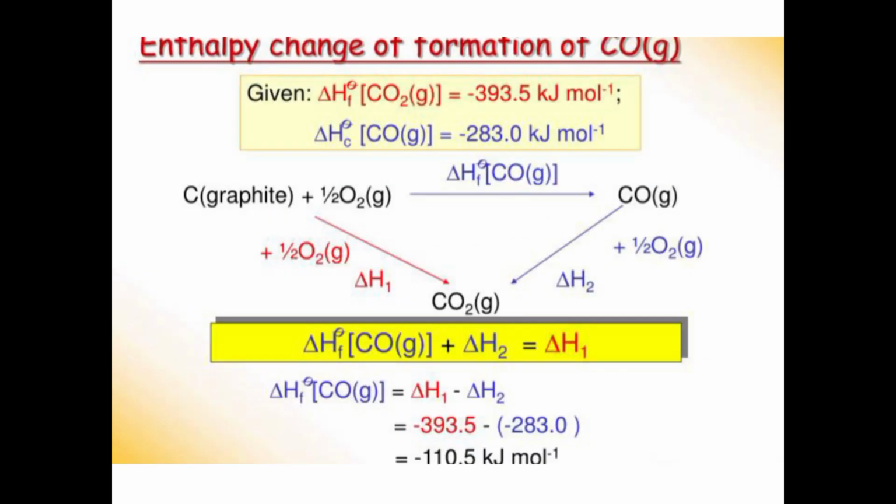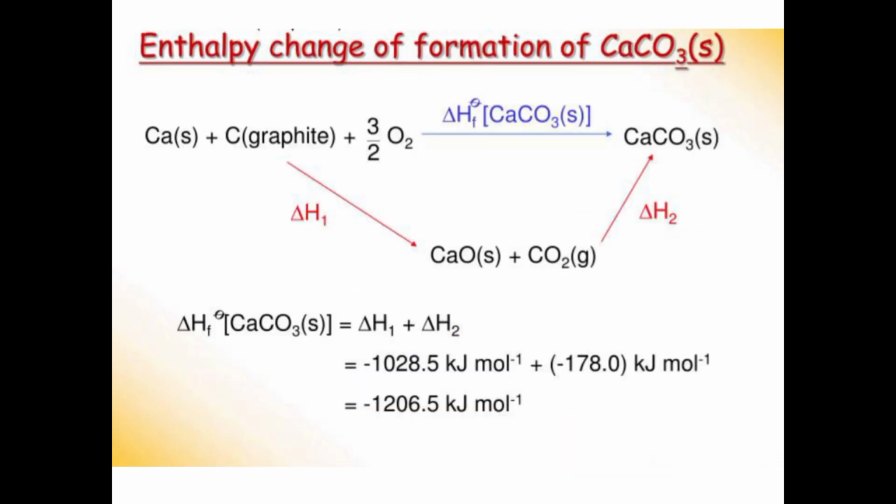You can see the enthalpy change of formation of CO when C reacts with oxygen, that's carbon in form of graphite, reacts with oxygen to form CO, and then finally to CO2. And this is the final enthalpy of formation of that reaction, minus 110.5.